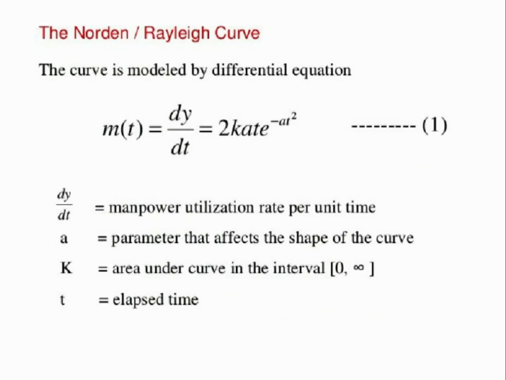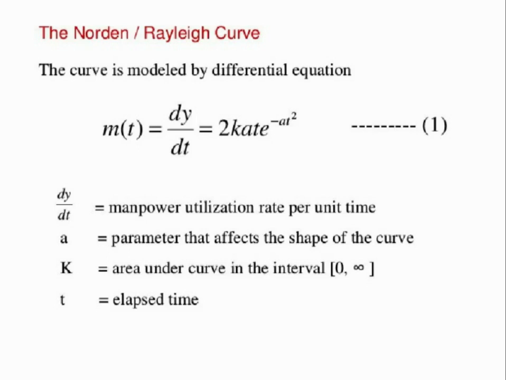The Rayleigh curve is modeled by the differential equation m(t) = dy/dt = 2Kat e^(-at²), where dy/dt is the manpower utilization rate per unit time, t is the elapsed time, a is the parameter that affects the shape of the curve, and K is the area under the curve in the interval 0 to infinity.